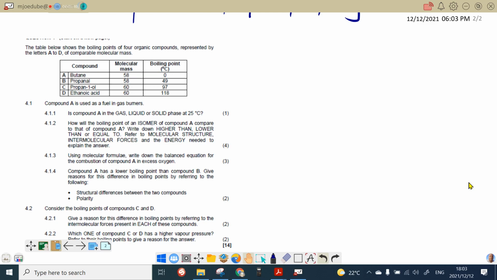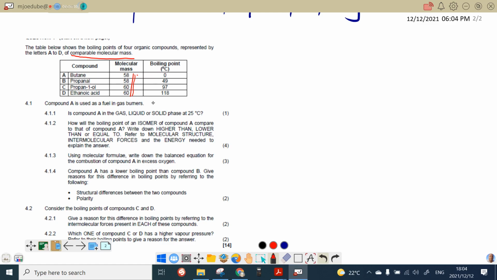The question reads, the table below shows the boiling points of 4 organic compounds represented by the letters A to D of comparable molecular mass. In other words, the masses of these substances are more or less the same. That's what they mean by comparable molecular mass. If you have a look, the masses are not that much different from each other, and therefore you would expect all of them to have similar boiling points.